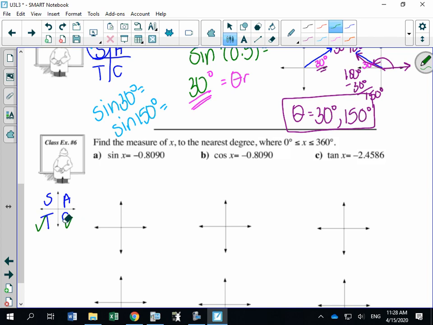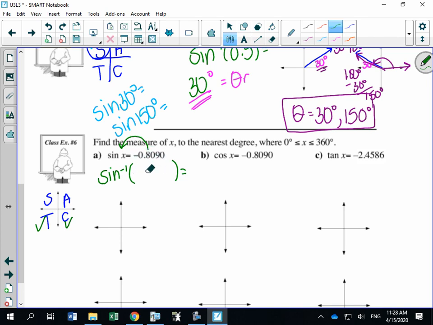So now what we have to do is find our reference angle. To find the reference angle, we take the inverse sine. Now, here's where this is important. I would have talked about this in 10C, but you might have forgotten. When we are finding our reference angle, we always take what's called the absolute value of this number, which is the positive.